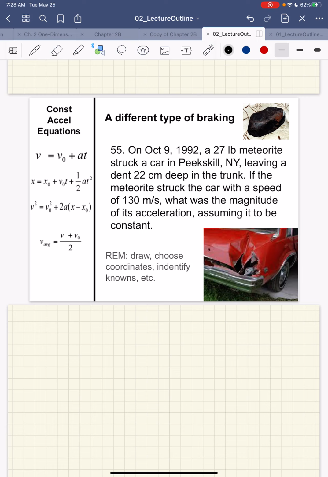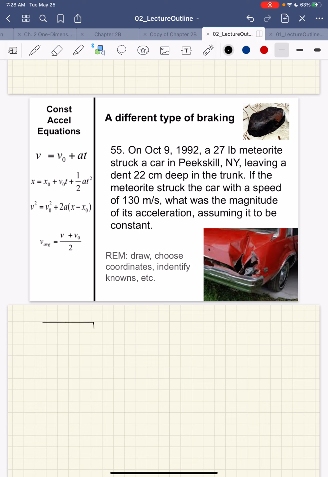Then there is, in October 1992, a 27-pound meteorite struck a car in Peekskill, New York, leaving a dent 22 centimeters deep in the truck. That is really what I need to know.